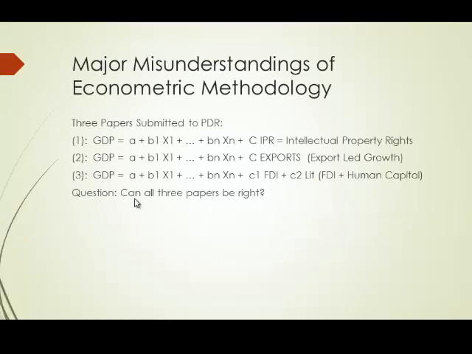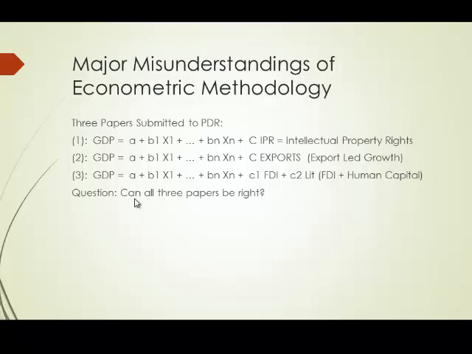I would like to start by saying that there are three papers. All three of these have been submitted to PDR. One of them is about intellectual property rights and its effects on growth. It is a regression in which GDP is run on some supplementary regressors which are not important, but the author put them in because he said, okay, IPR is not the only thing which matters.